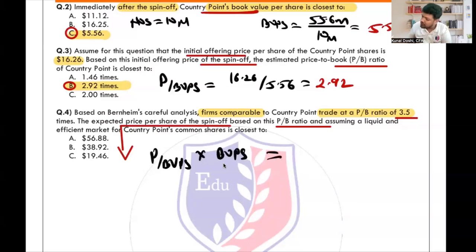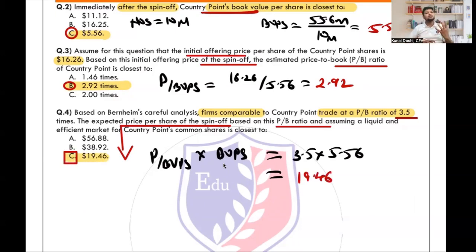That will give you the price. They've already given us the average. We will utilize that 3.5 into the book value per share that we already have. That should be the price. So 5.56 into 3.5, 19.46. Understood? Everyone clear? Right? How we are utilizing price to book value information? Check, check, check.